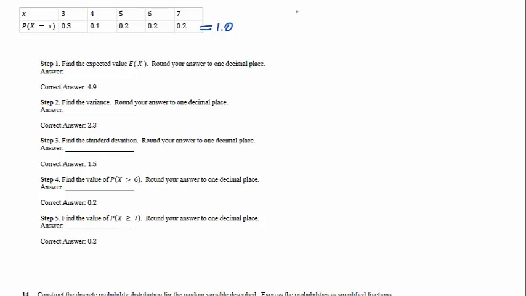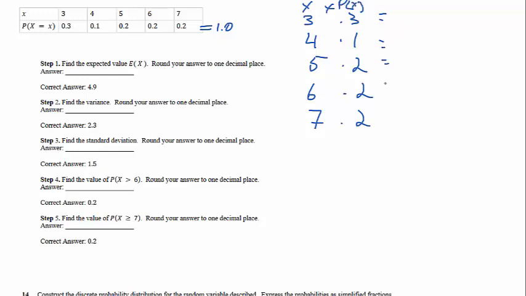Well, I really like to do this vertically, so I'm going to rewrite it over here on the side. 3 and 0.3, 4 and 0.1, 5 and 0.2, 6 and 0.2, 7 and 0.2. So this is nothing more than a weighted average. I'm going to multiply across the top x by the probability of x, multiply, multiply, multiply, multiply, and then add them all together.